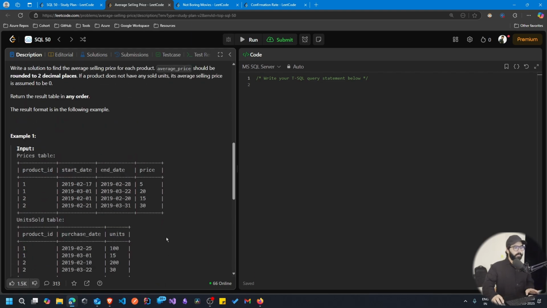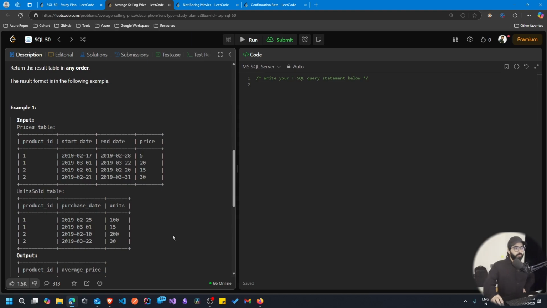Means we'll get the individual row for that, like the time duration, time frame. 17 to 22, and the purchase date 25th. Okay, and the second one 1-3, 22-3, and 1-3.